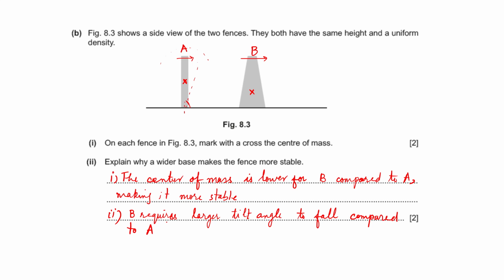So we can also write this. And so basically, lower center of mass and larger tilt angle are the two main reasons why the shape B, which is having wider base, is more stable.